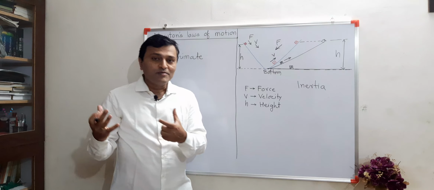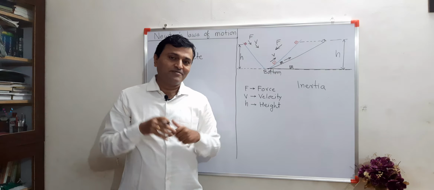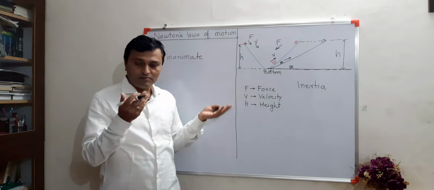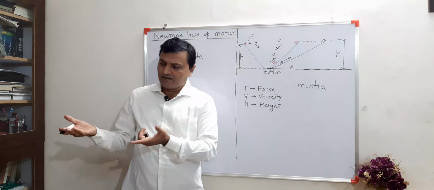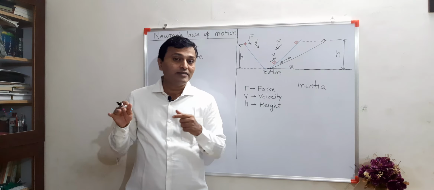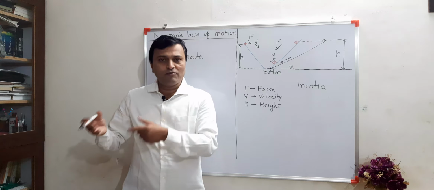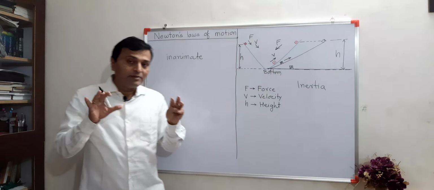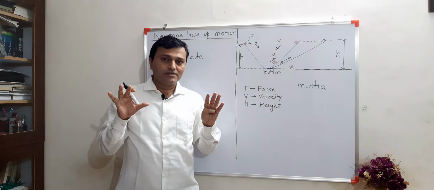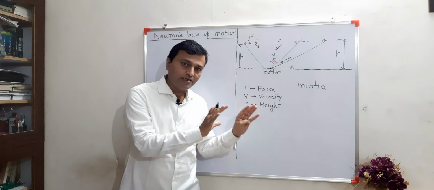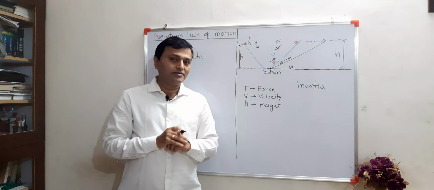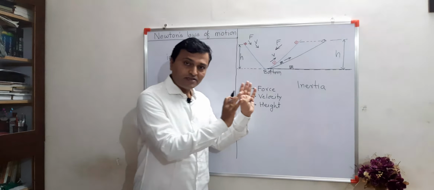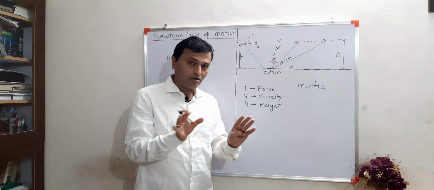An animal can move by itself, but non-living objects, a duster or this marker or anything, a chair, do not move by themselves. We have to apply force, then they will move. Therefore, every inanimate body remains in the state of rest if force is not applied, or it will remain at constant velocity if force is not applied.